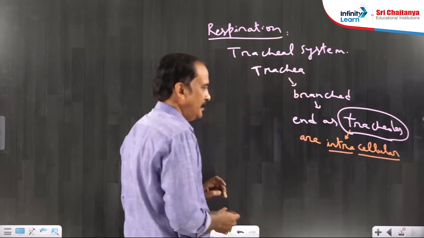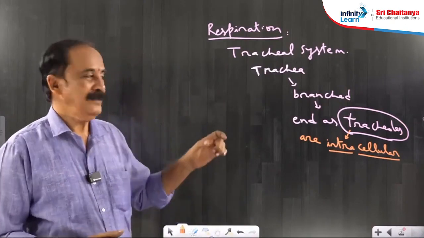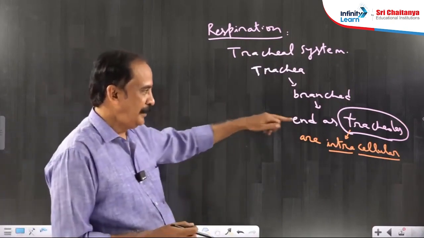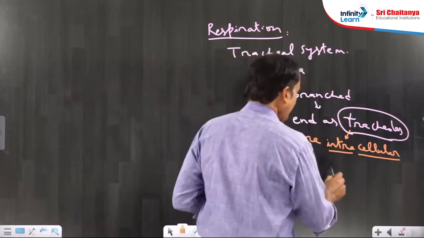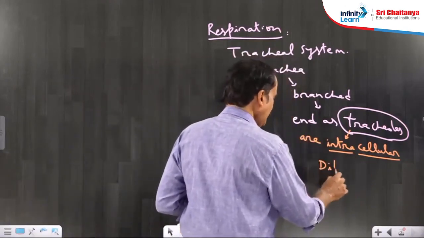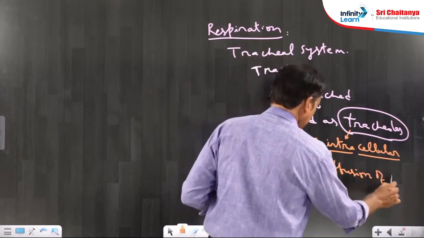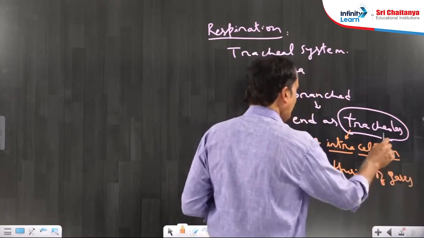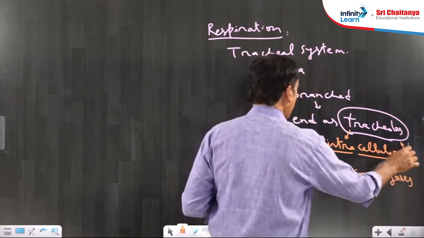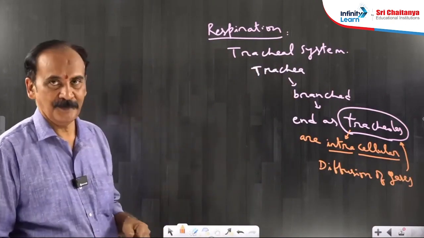Intra means inside; they are present inside the cells. It is the tracheole that actually helps in diffusion. As they lie inside the cell, diffusion of gases, that is, intake of oxygen and giving out of carbon dioxide, takes place in the tracheoles.